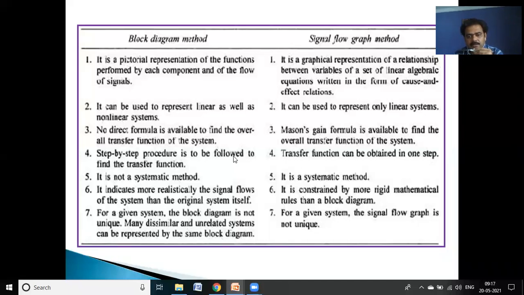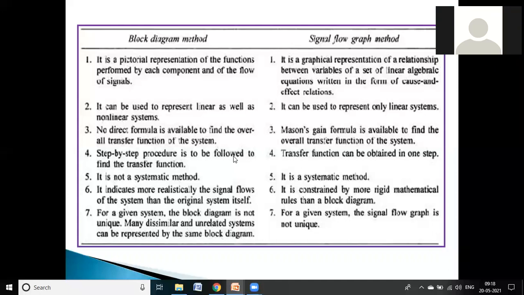Similarly, for a signal flow graph, it is also not unique. Finally, we have to get the transfer function model as a unique one, but the intermediate models, that means the signal flow graph model or block diagram representation, can vary from person to person.